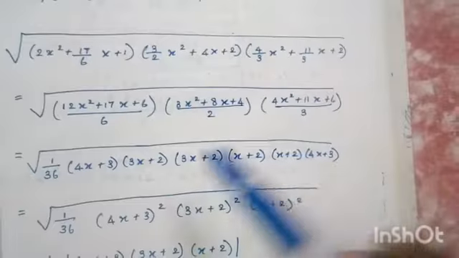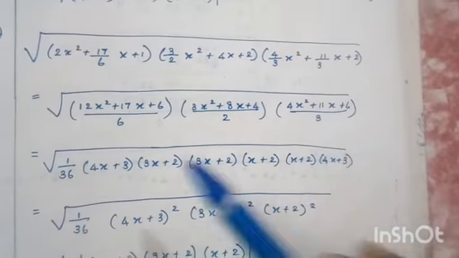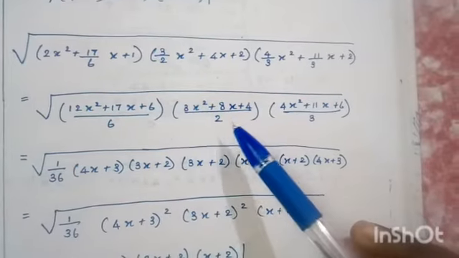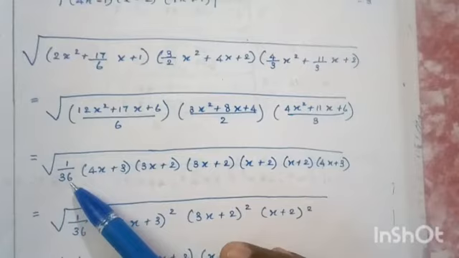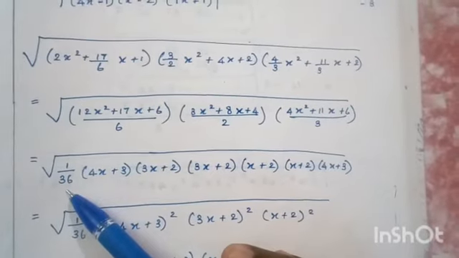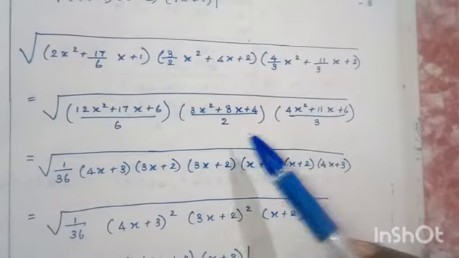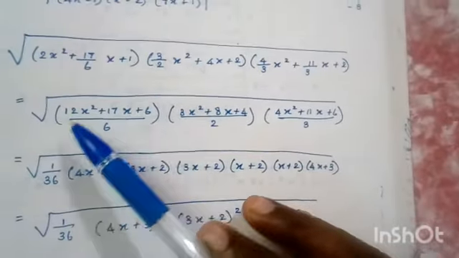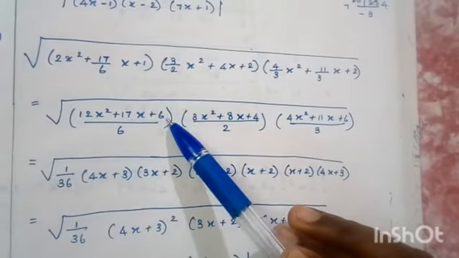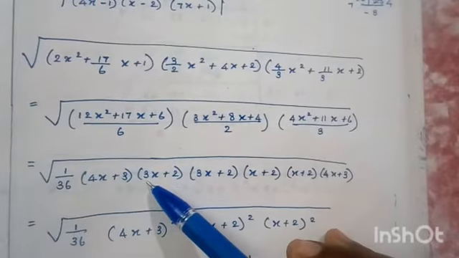Okay. So now all of these are in a multiplication, in a product. So 6 2s are 12, 12 3s are 36. In the denominator you have to write 1 by 36. The denominator value is 6 into 2 into 3, so that is 1 by 36. Find a factor for this 12x square plus 17x plus 6. Like the previous problem, you have to find a factor for this.